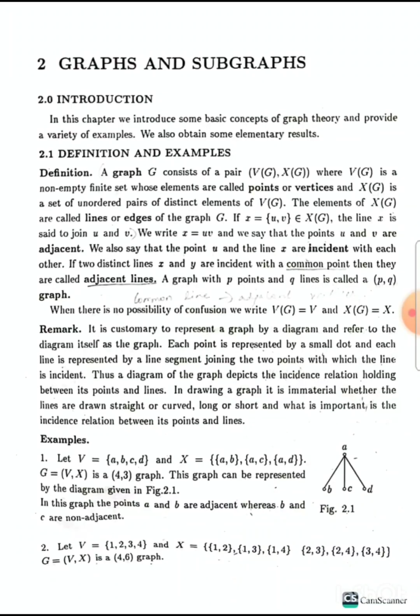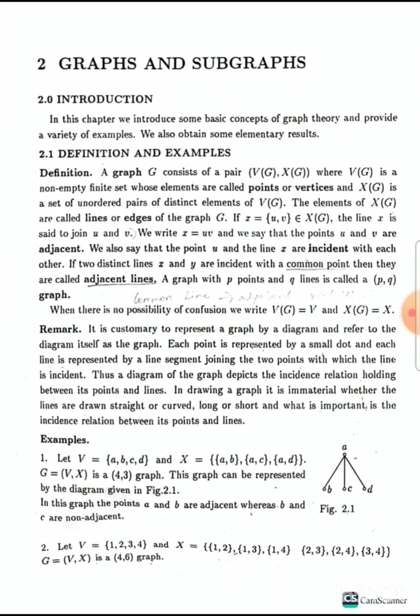Now the point U and the line X are incident with each other. If two distinct lines, which means two different lines, one named X and another named Y, are incident with a common point, then they are called adjacent lines.